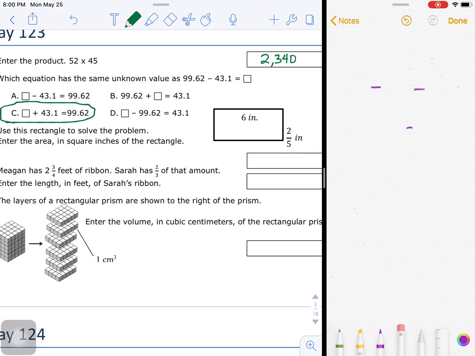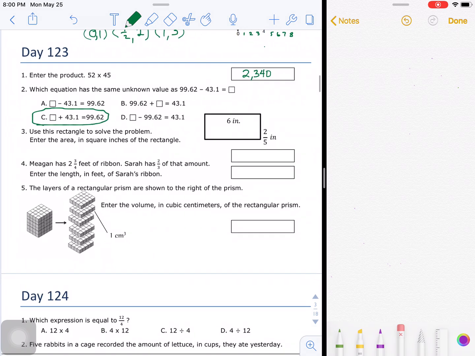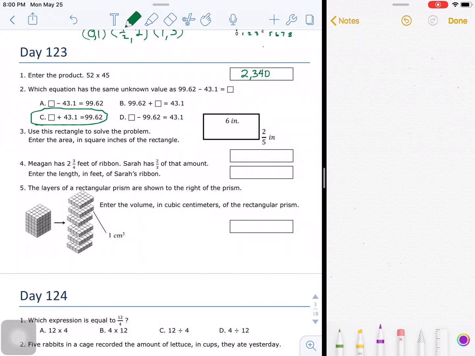Now I could confirm if I wanted to and go ahead and subtract 99 and 62/100 minus 43 and 1/10 and see if that worked. But I know, because it worked with those smaller numbers, it would work with those more complex decimal numbers.